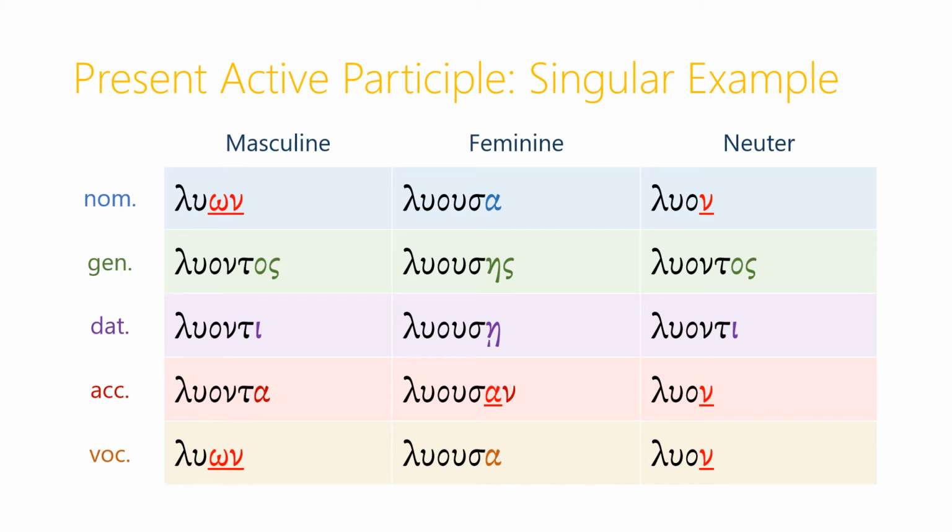But aside from that, all you have to remember is to make the present active participle, I use the verb stem, I use the connecting vowel and the voice indicator, nt or us, and then I add on to that the third declension ending, if it's masculine or neuter, and the first declension ending if it's feminine.